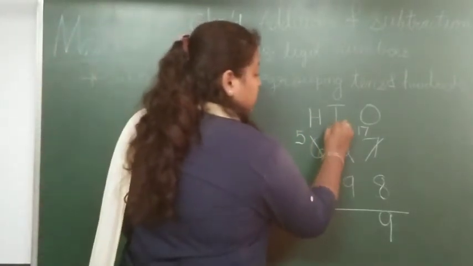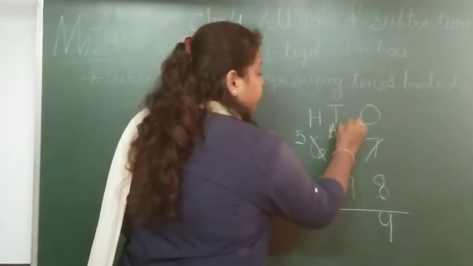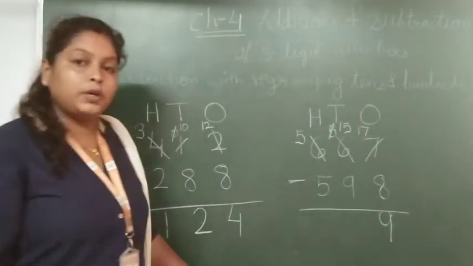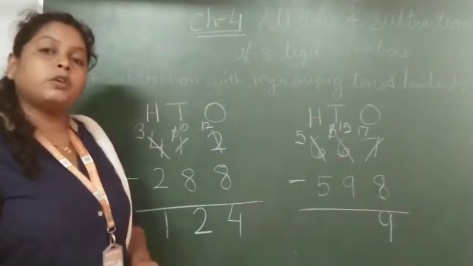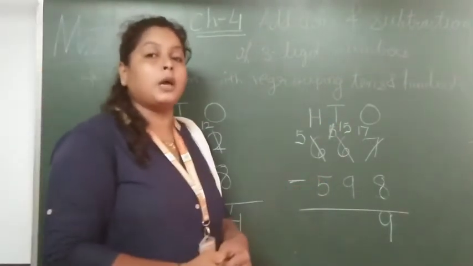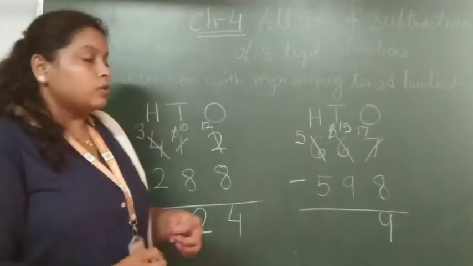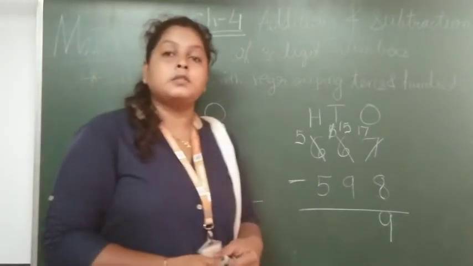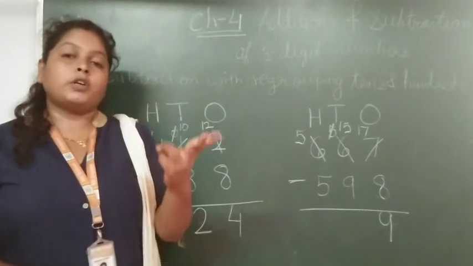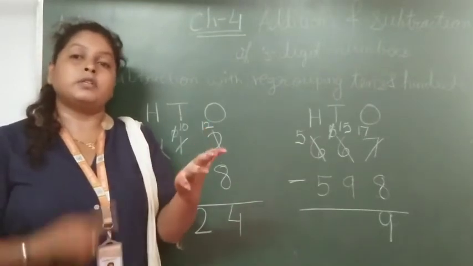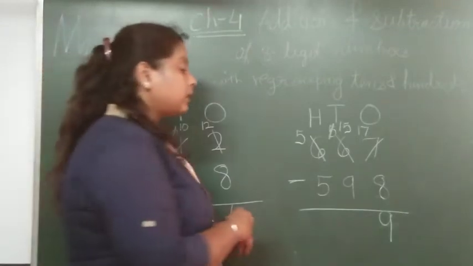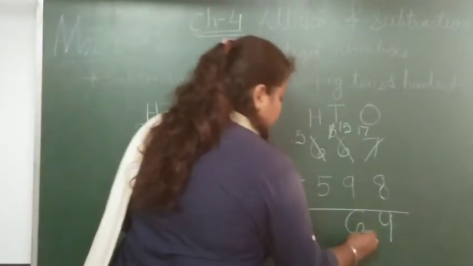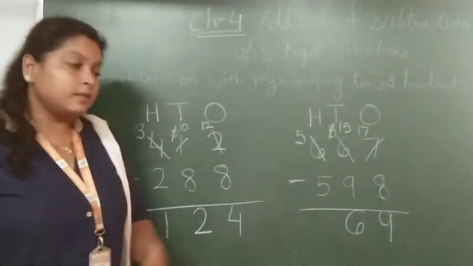And you have to cut this number now, and you will write 15 over there. 15 minus 9. What you have to do? You just have to go back 9 numbers. So from 15 if you go back 9 numbers, 15, 14, 13, 12, 11, 10, 9, 8, 7. At which number will you reach? Number 6. So that is your answer.